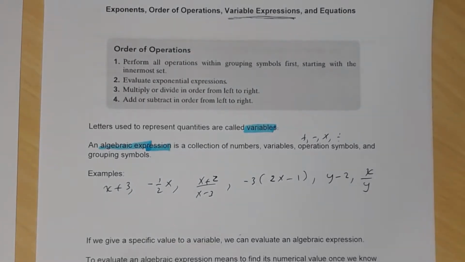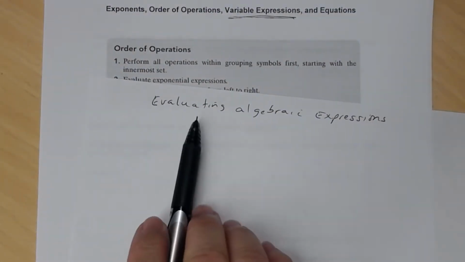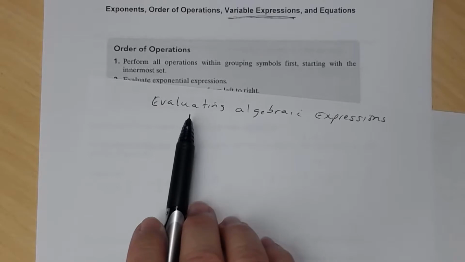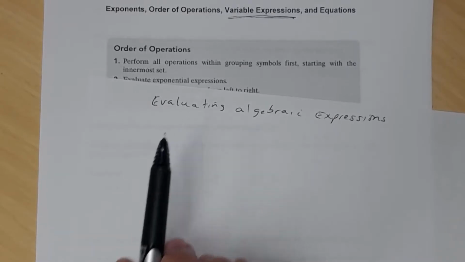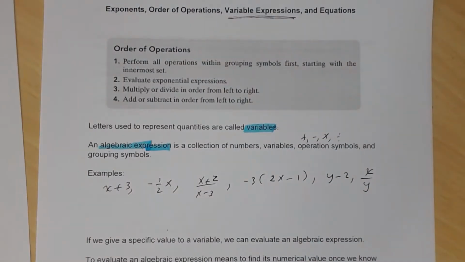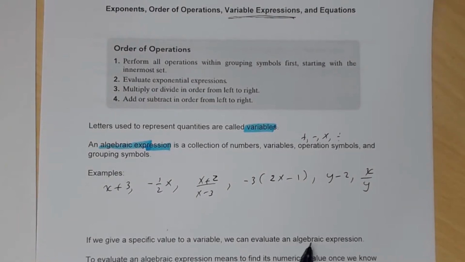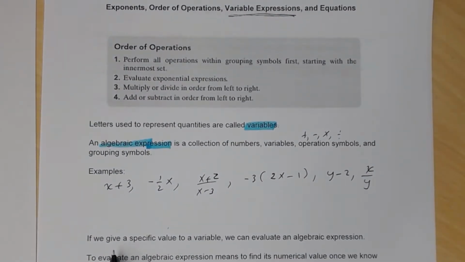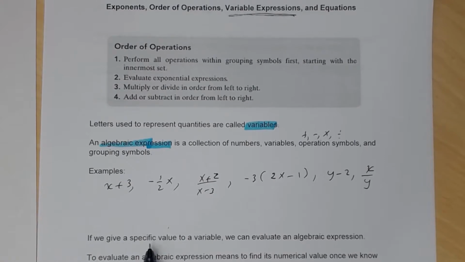Okay? Now what we're going to do with these algebraic expressions is evaluate them. That's what we're interested in. When we evaluate algebraic expressions, basically we give a specific value to a variable, and you're going to see what that entails.